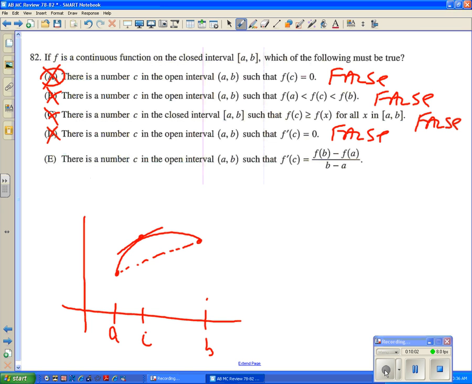At least one, could be more than one. This is a direct implication of the mean value theorem. If you don't know your mean value theorem, this is how that theorem reads. So E is the answer to 82.